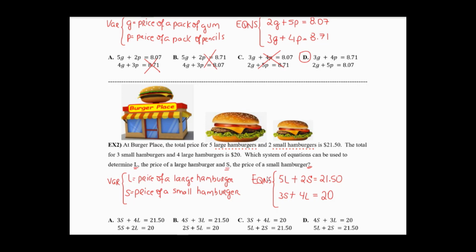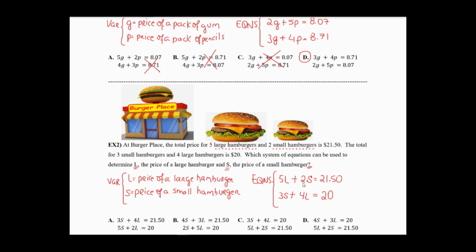So if you notice there, we translated 5 large hamburgers plus 2 small hamburgers is 21.50. So 5L plus 2S equals 21.50. And the next one is 3 small hamburgers and 4 large hamburgers is $20. So right there, 3S plus 4L equals 20.